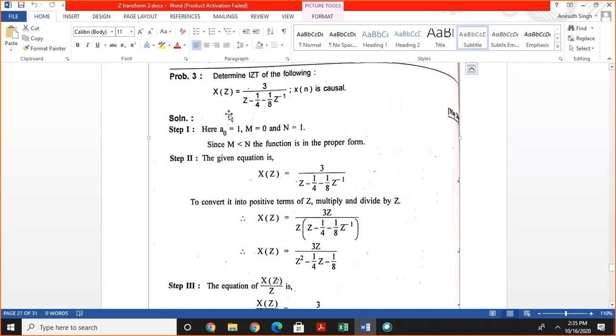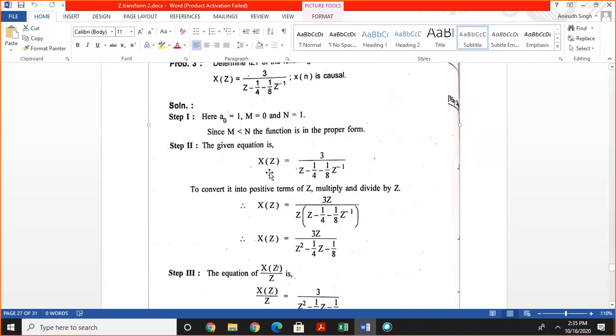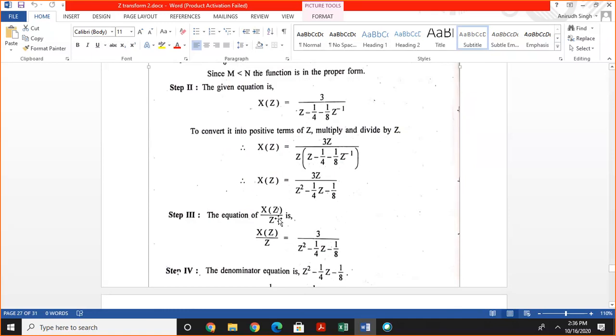It means that function is causal, and so for the value of x of n, for given causal function we use the standard formula for causal sequence, which is given by this, and value of x of n is minus half raised to the power n u n, since u n is causal.